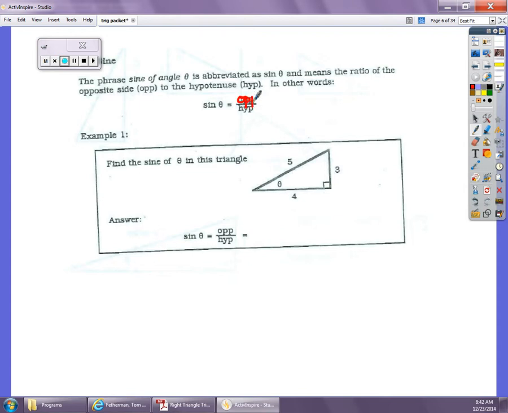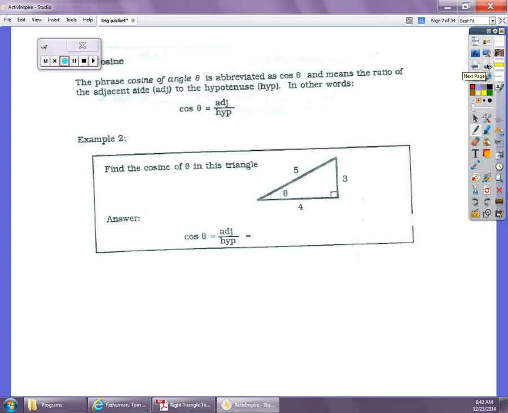Looking at this, here's our theta, opposite is 3, hypotenuse is 5. So the sine of theta is 3 over 5.